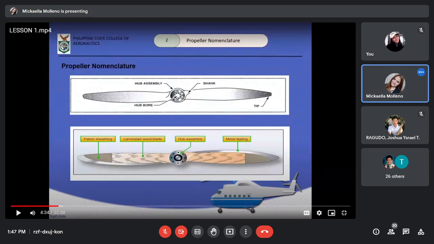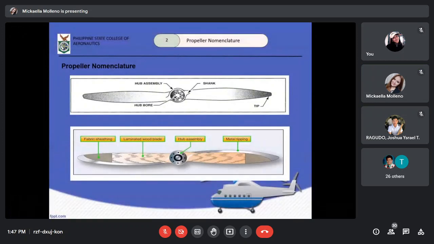Anybody? Okay. So basically, nomenclature is the system of naming things. And sa case natin, it is the system of naming the parts that makes up the propeller.